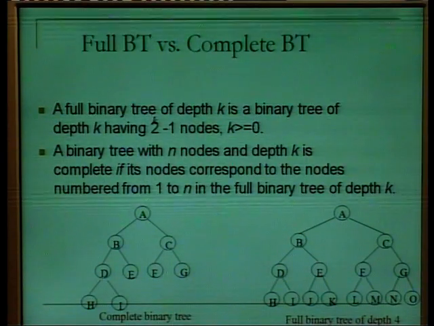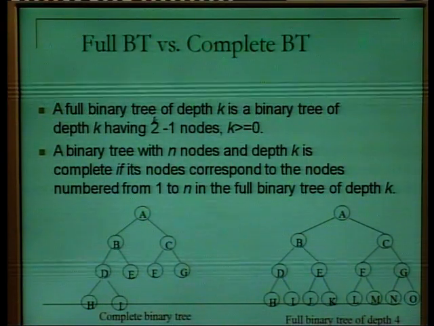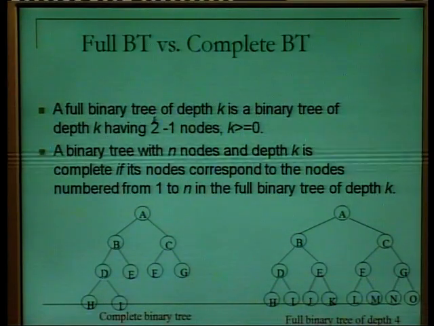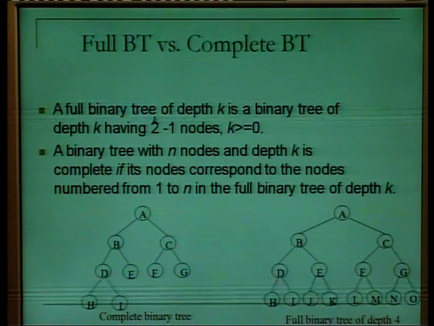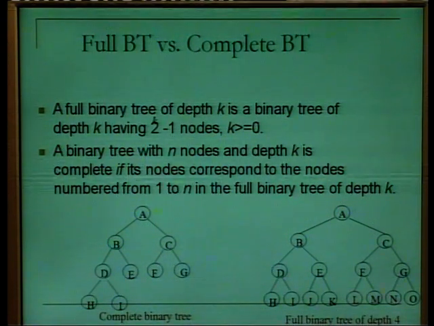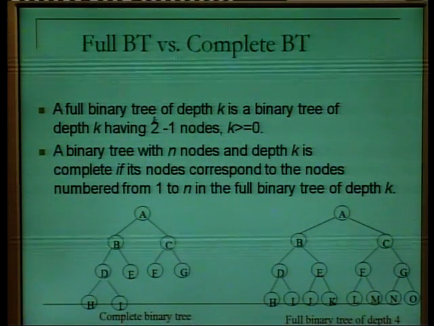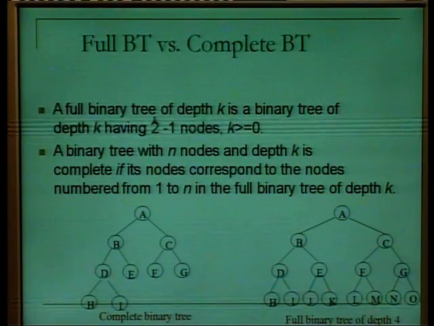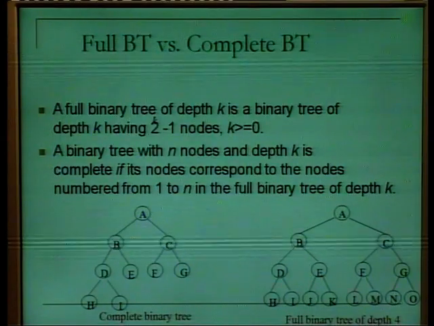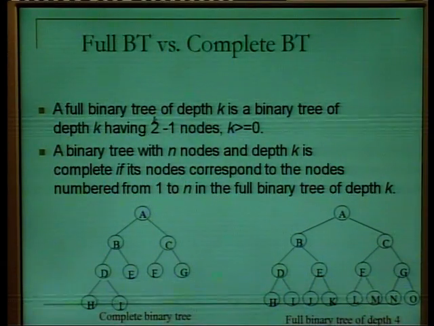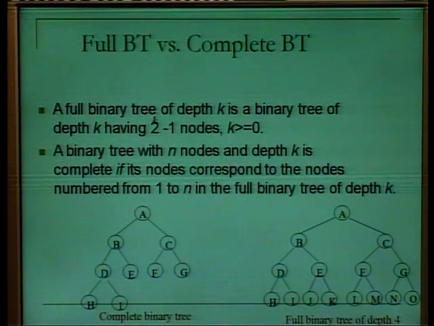As we can see in the diagram, a complete binary tree and a full binary tree of depth 4. Both trees have depth 4, the number of levels is the same, but in the full binary tree at each level every subtree goes up to the last level.